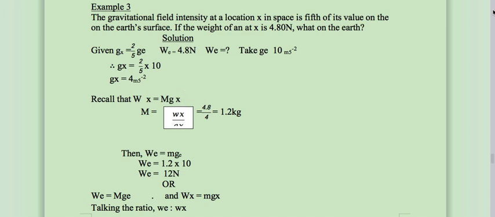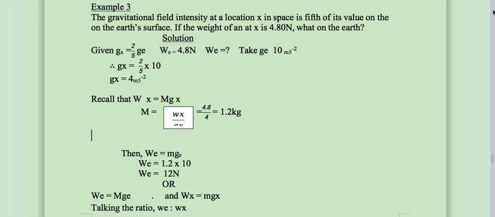Can we get our mass from this relationship? Yes. The weight at the location X, which we are given, is 4.8, divided by the gravitational field intensity of X, which is 4. That will give us 1.2 kilogram.